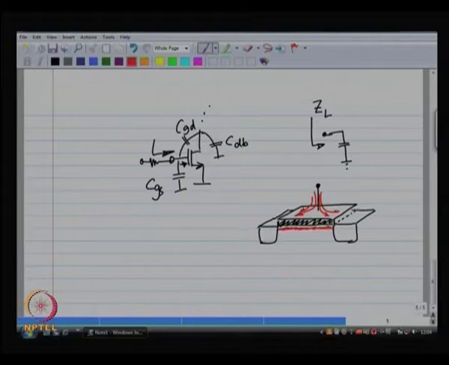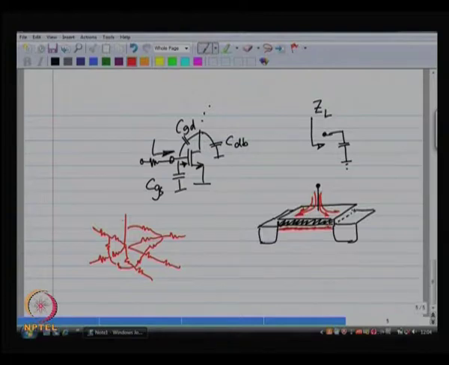So, you can view the gate as if it is a distributed mesh of resistors, some extremely distributed mesh of resistors, and each of these points has capacitance to the channel.